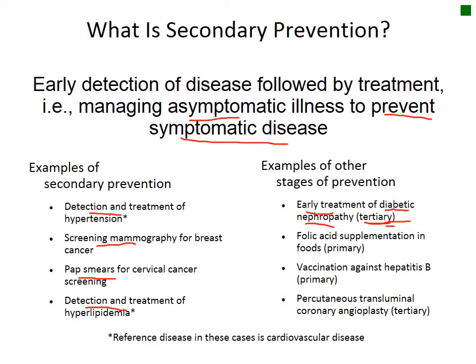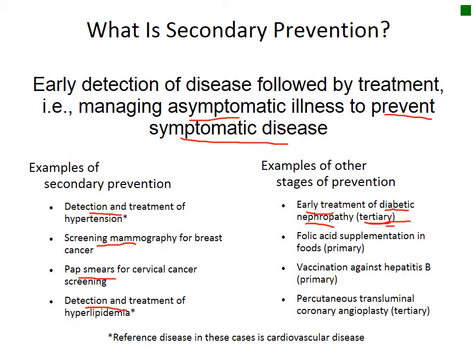To orient you on examples in the other stages of prevention: in the last chapter we talked about primary, this chapter is about secondary prevention, and the last and final chapter we'll talk about tertiary prevention.